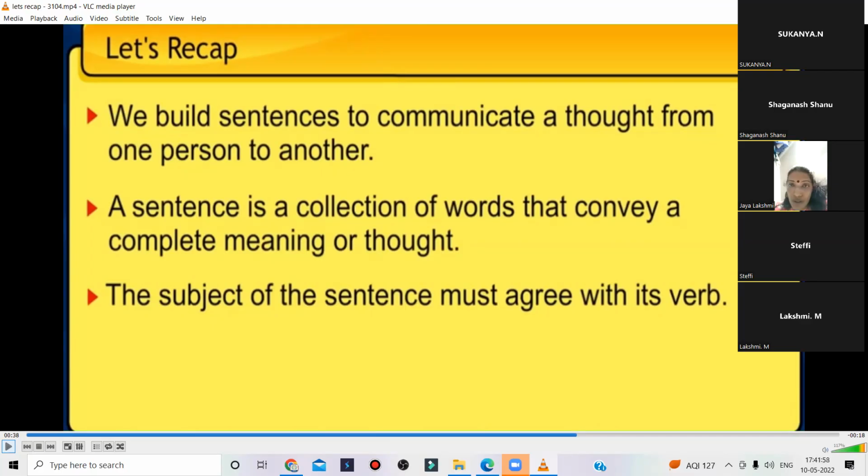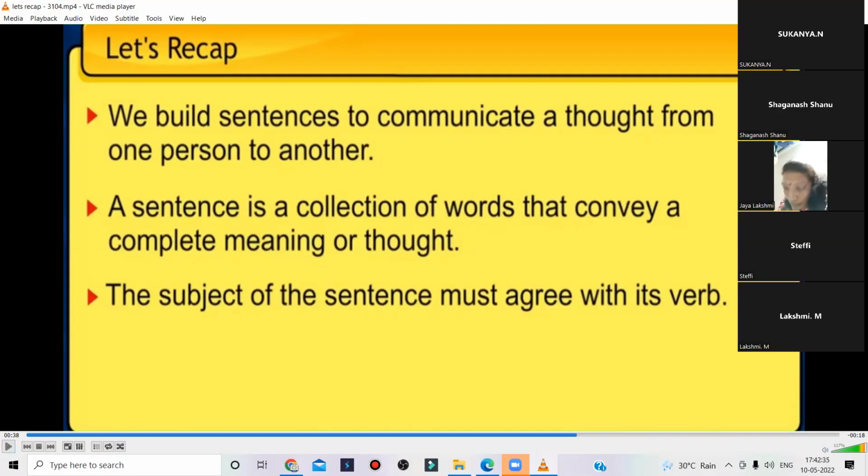If the subject is singular, the verb also should be singular, right? Have, has, like that. In the simple present tense, at the end of the verb, we will add the alphabet S. If the subject is singular third person, then we will add the alphabet S with the verb.